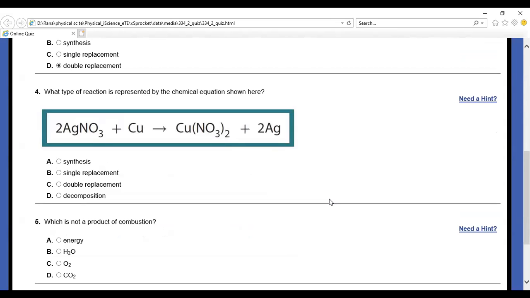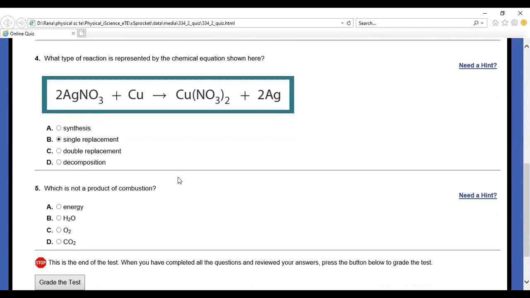Yes, Nano? Double replacement. Where's the other compound? AgNO3, silver nitrate, is a compound. Cu, is it a compound or an element? Element. So a single element, copper, replaces silver. So that's single replacement.